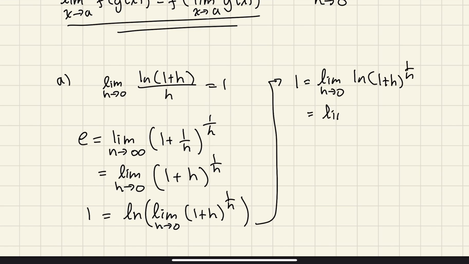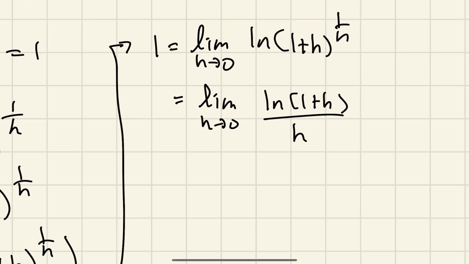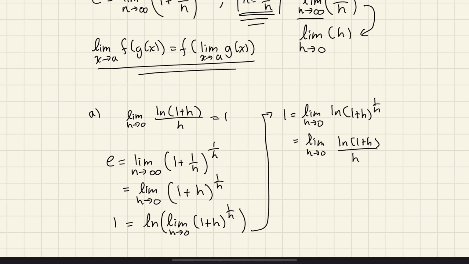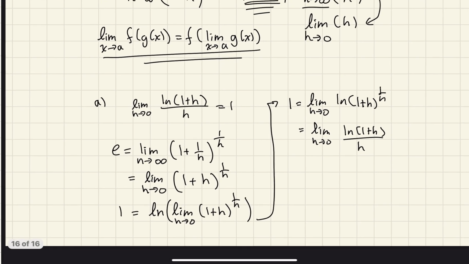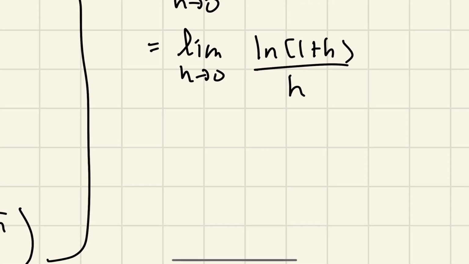And this, of course, using our exponent laws, we can bring the 1 over h down to get the natural logarithm of 1 plus h, over h, equals 1. And boom, you just got 2 marks on the test, right? So we have this statement. Let's see what we must do next.